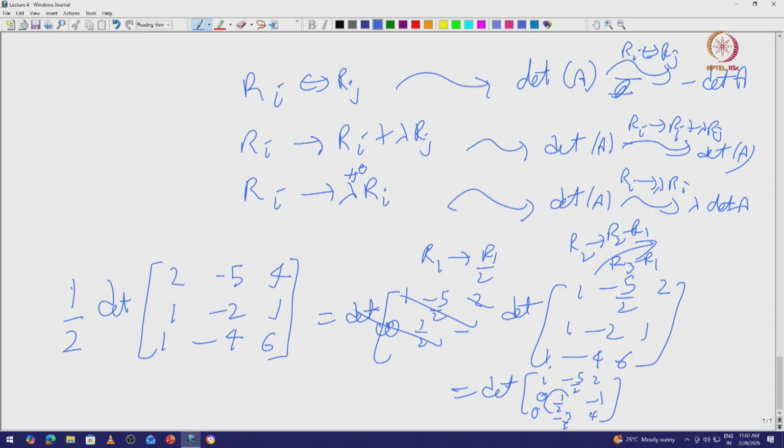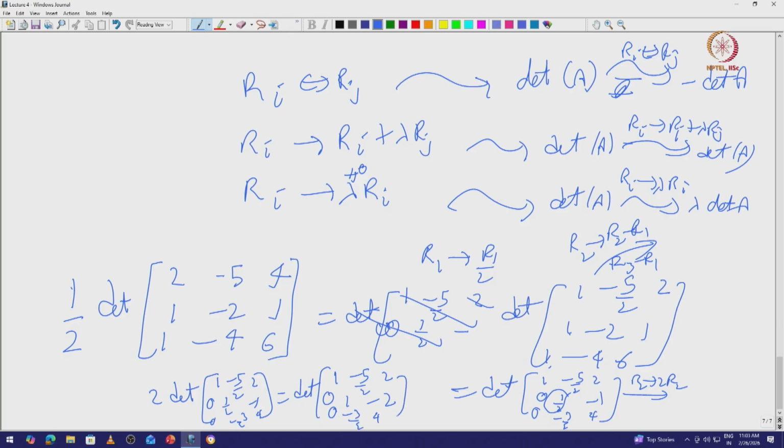Next we normalize this to 1, right? This would again change the determinant, because twice the determinant of this matrix would be the determinant of the new matrix.